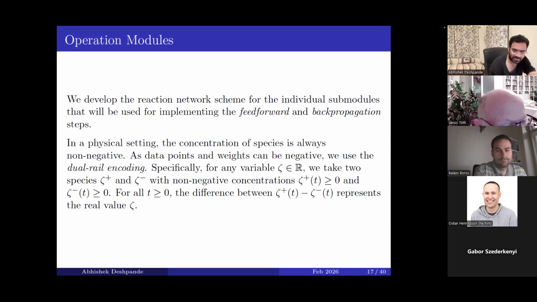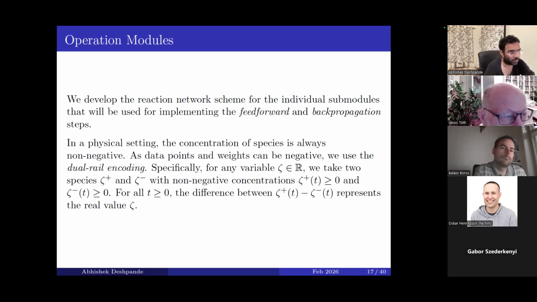One point that needs explicit mention is that in a physical setting, concentrations of species are always non-negative. However, data points and weights can be negative. So what do we do, right? How do we represent negative data points using species, because concentrations of species can only be non-negative?